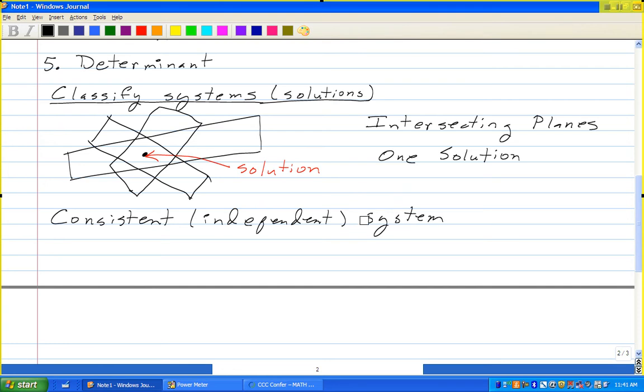Okay. So this is the case of having three planes that intersect at just one point.